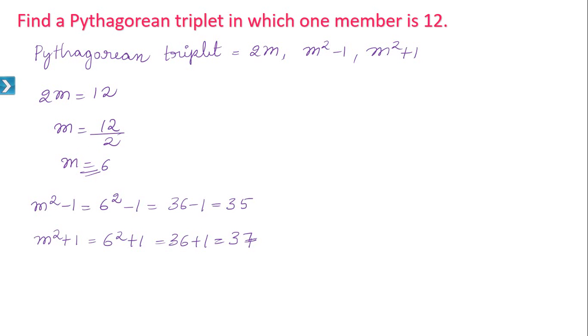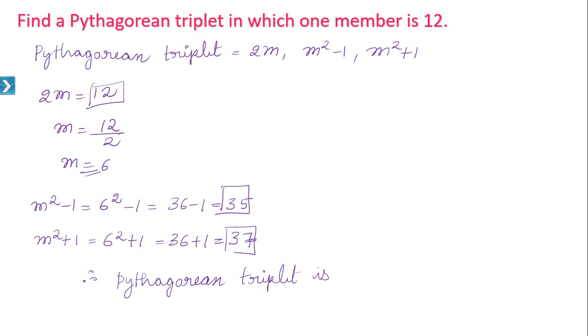Therefore, the Pythagorean triplet is 2m, that is 12, m square minus 1, that is 35, m square plus 1, that is 37: 12, 35 and 37. In the Pythagorean triplet 12, 35 and 37, one member is 12. Therefore, the Pythagorean triplet is 12, 35 and 37.